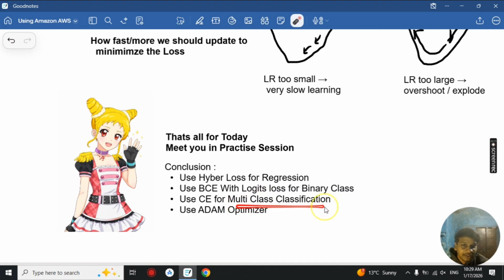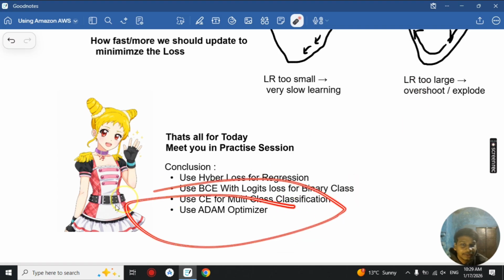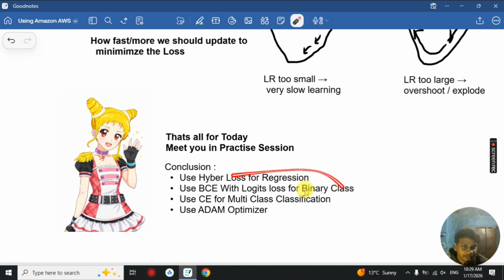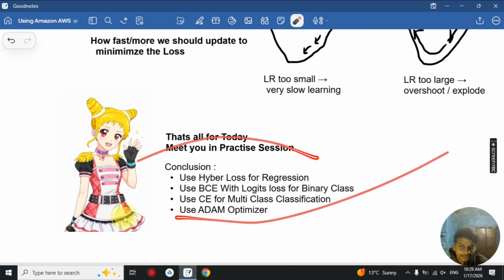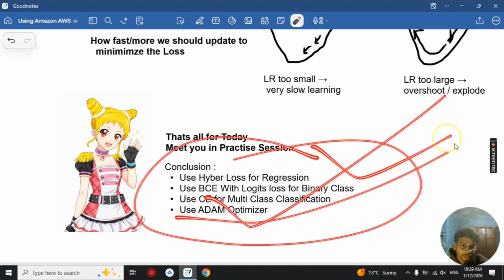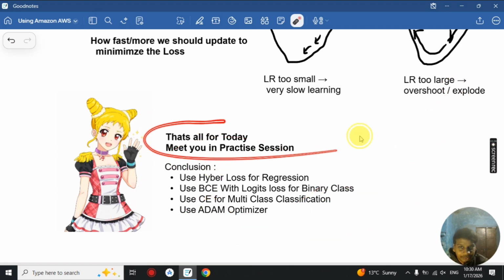For multi-class classification we use cross entropy loss, and for our optimizer we always use Adam, okay. We could change this, but for general tasks we basically stick with these functions, okay. So that's all for today, and meet you in the practice session.